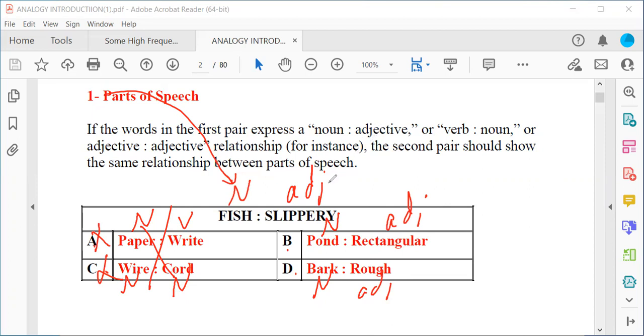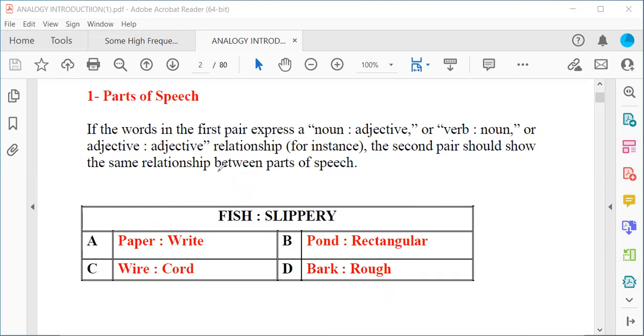Fish, as you know, here the relation between the two words is characteristic. The characteristic of the fish: the fish is slippery.